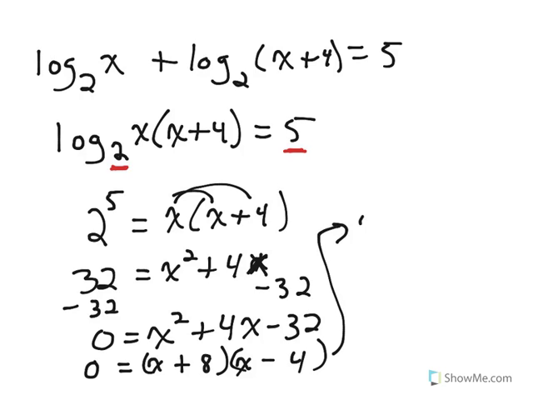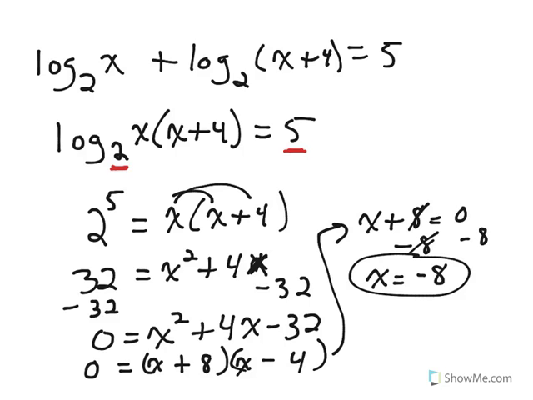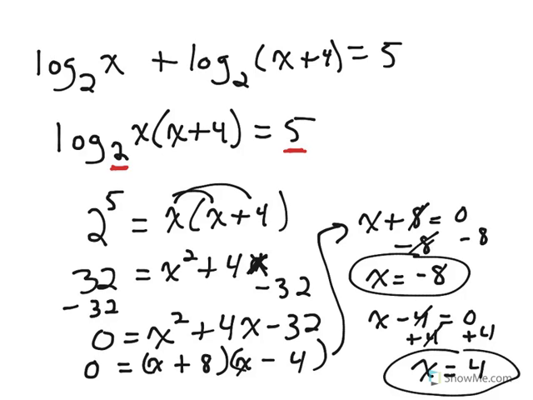Set each set of parentheses equal to 0 and solve for x. In the first one, we get x equals negative 8. In the second one, we get x equals 4. We have two answers.